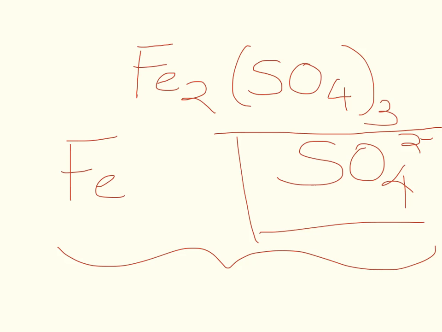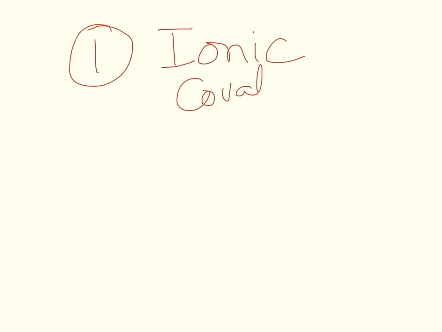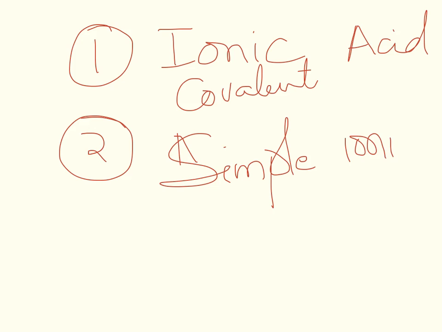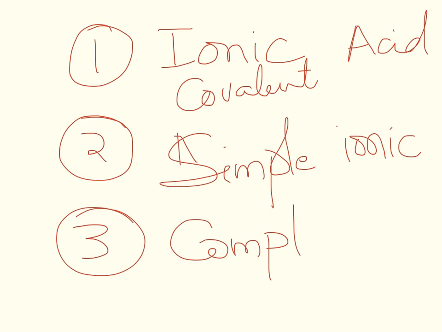So first, the job is to understand how to distinguish between ionic and covalent compounds and acids for that matter. Then how to write names of simple ionic compounds, and then we will go into complicated ionic compounds.